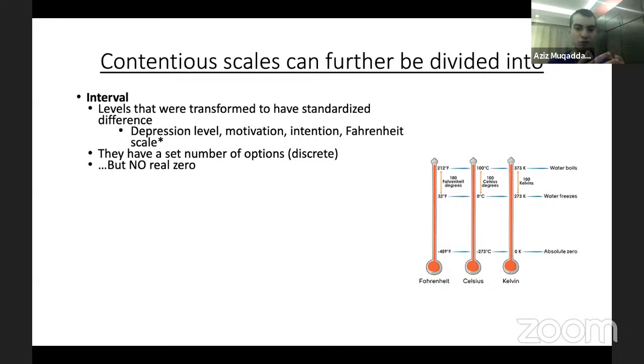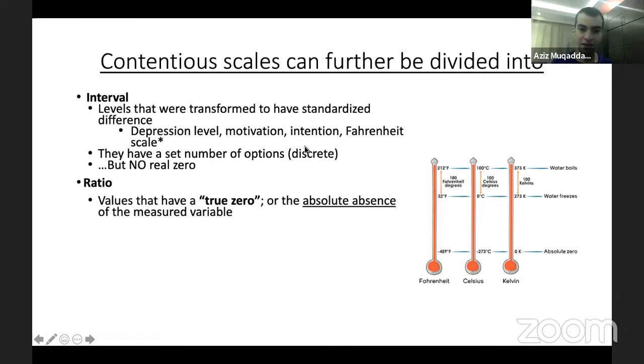Two individuals could both answer 1, but they could be slightly different. So the zero doesn't necessarily mean actual zero. It just means the lowest point in that scale. All right, so that's what we mean. Even if you place a zero on those scales, they are arbitrary zeros, not real zeros.